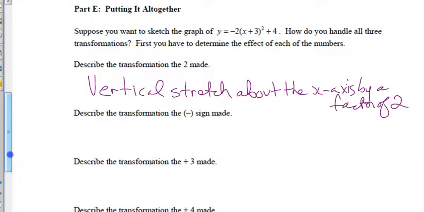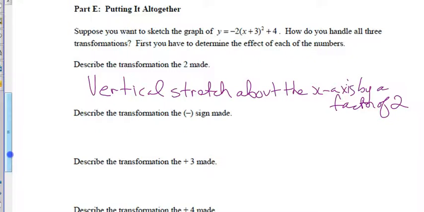Which, you know, in a sense, we don't have to, but I'm setting you up for 30-1 when there's a whole pile of transformations in there. So if you're just used to saying vertical stretch about the x-axis by a factor of 2, or vertical stretch by a factor of 2 about the x-axis, doesn't really matter what order, but you should say both, or at least understand we're stretching about the x-axis by a factor of 2.